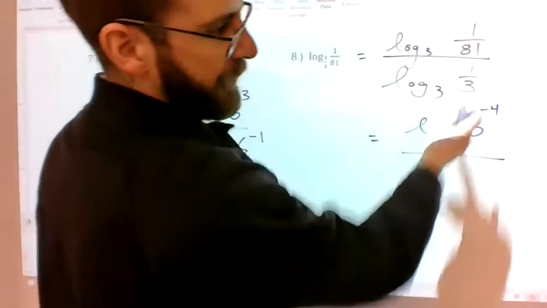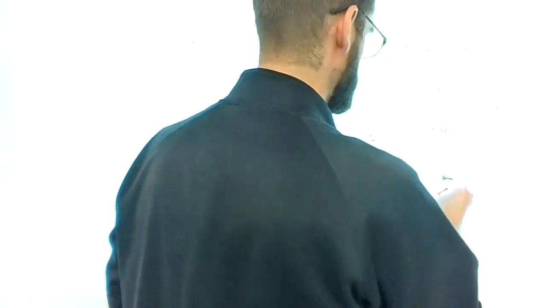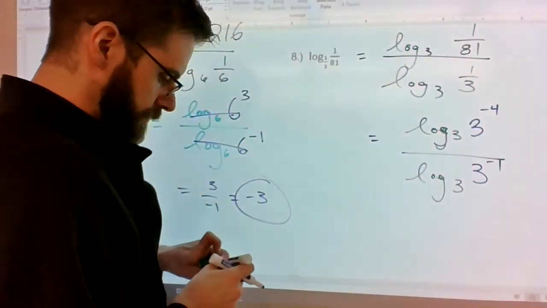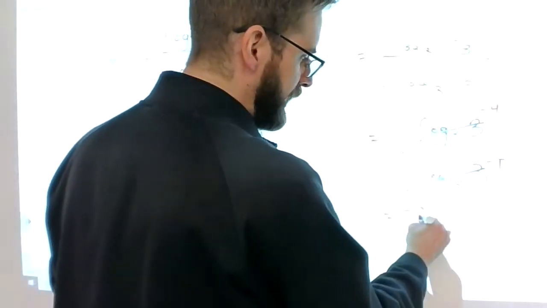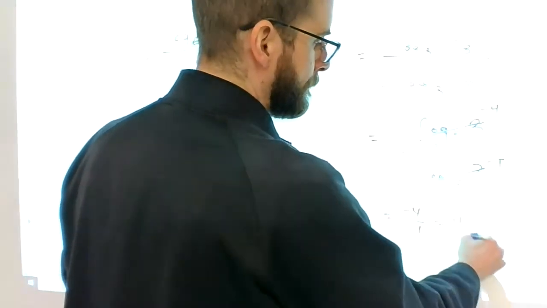And then this is just going to be 3 to the negative 1. Log base 3 of 3 cancels out. Negative 4 over negative 1 is positive 4.